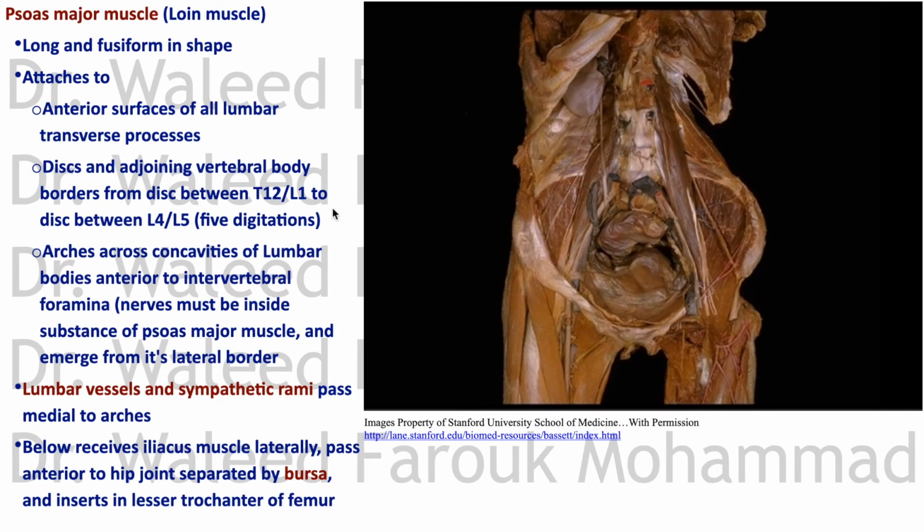The psoas major muscle is long and fusiform, as you can see here, and attaches to the surfaces of all lumbar transverse processes, the anterior surfaces, and attaches to the discs between vertebrae, starting from vertebra T12 till the disc between L4 and L5, that's 5 digitations, and from arches bridging the concavities of the lumbar vertebrae.